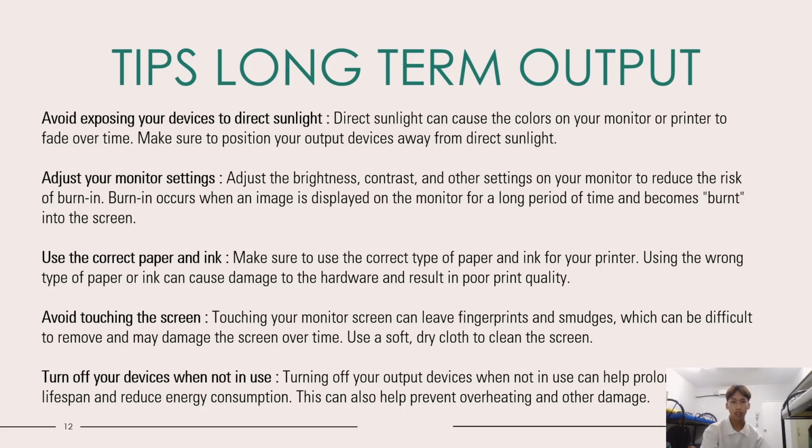Adjust the brightness, contrast, and other settings on your monitor to reduce the risk of burn-in. Burn-in occurs when an image is displayed on the monitor for a long period of time and becomes burned into the screen.